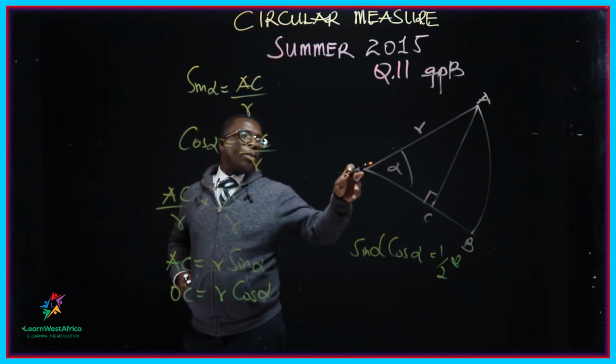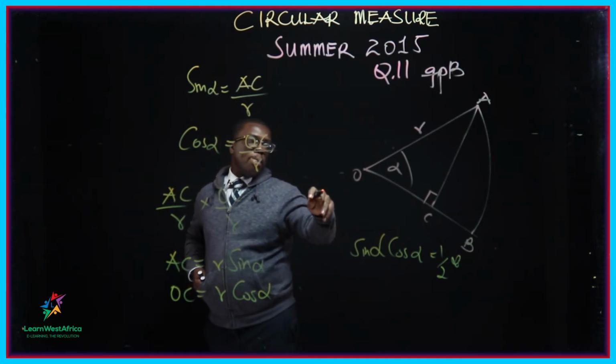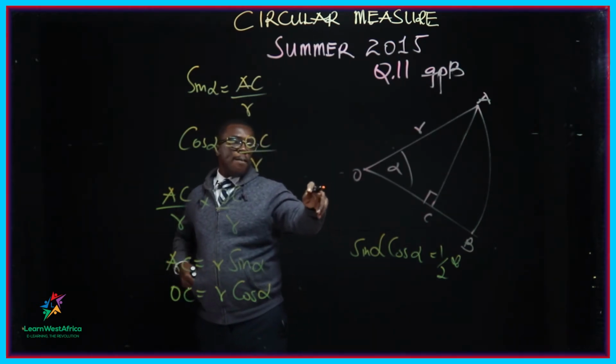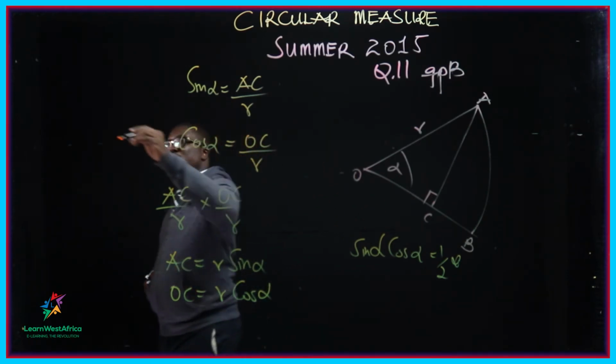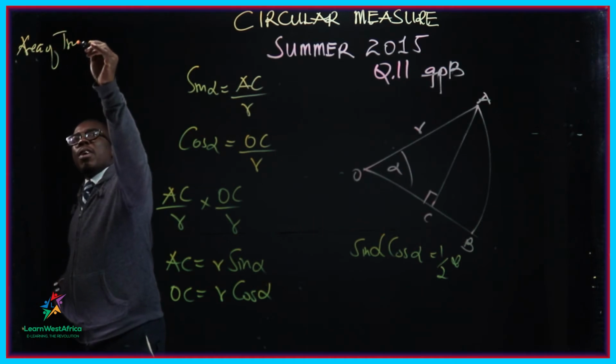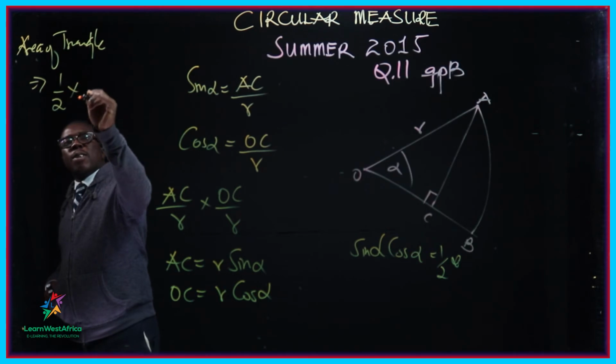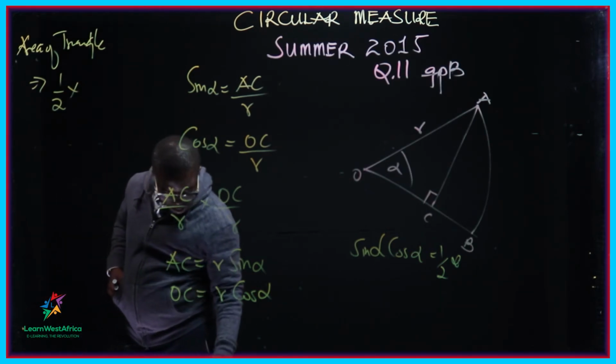For the triangle, the area is half base times height. What is the base?